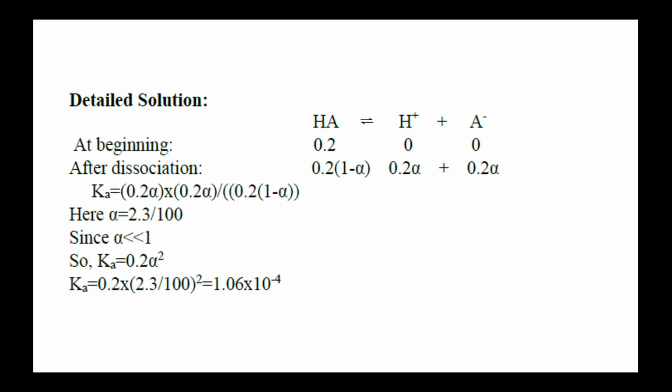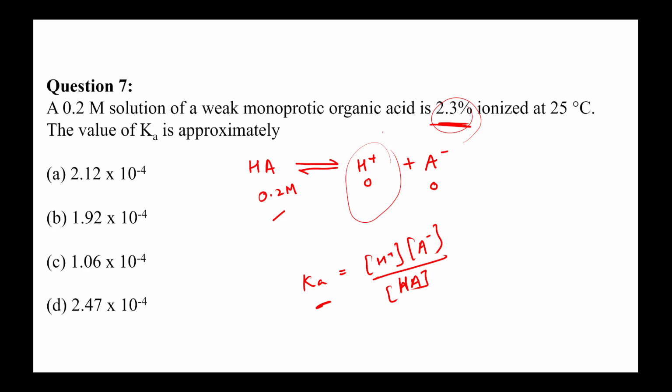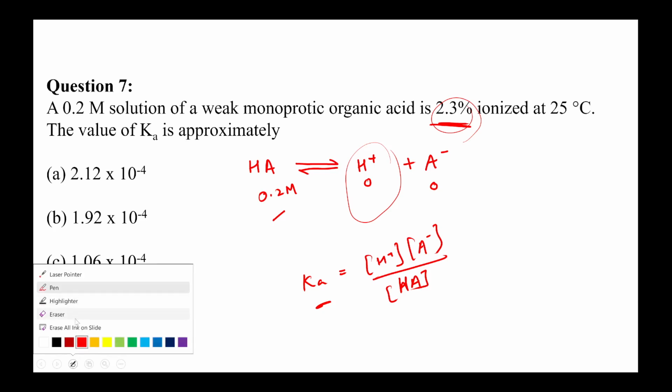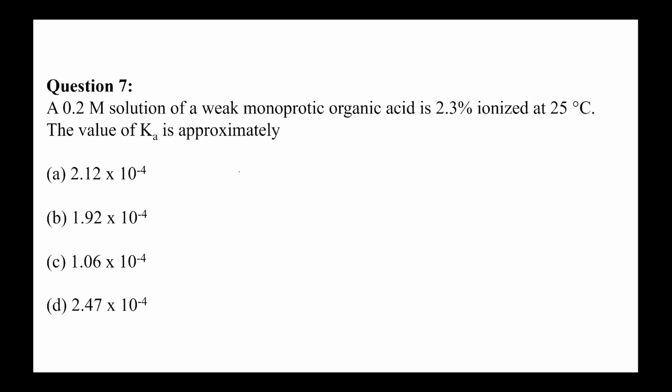So the final answer is 1.06 into 10 raised to the power minus 4. So option C is the correct answer. Now let's see how to solve this question. The first information that we have in this question is the dissociation rate and the initial concentration of this monoprotic acid. I told you if we start from HA, a hypothetical weak acid, we'll make reversible arrows, and it is dissociating into H plus and A minus ions.